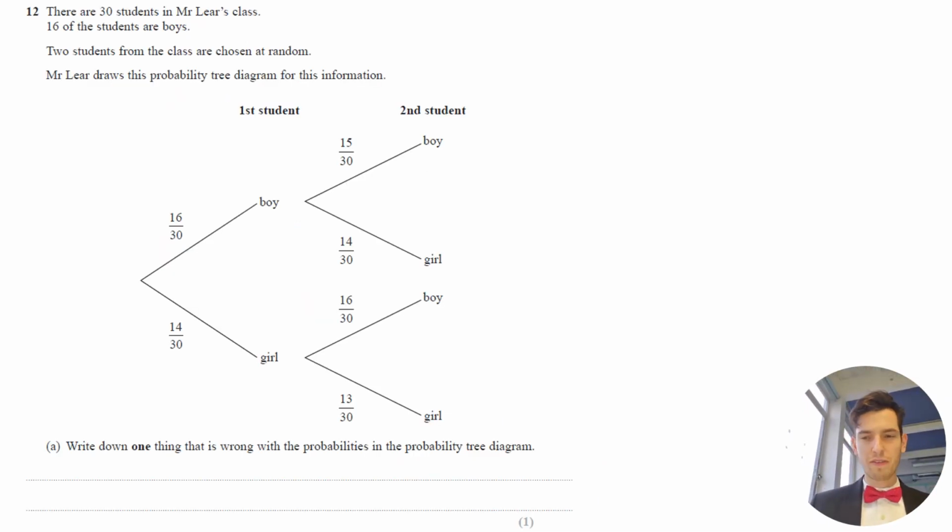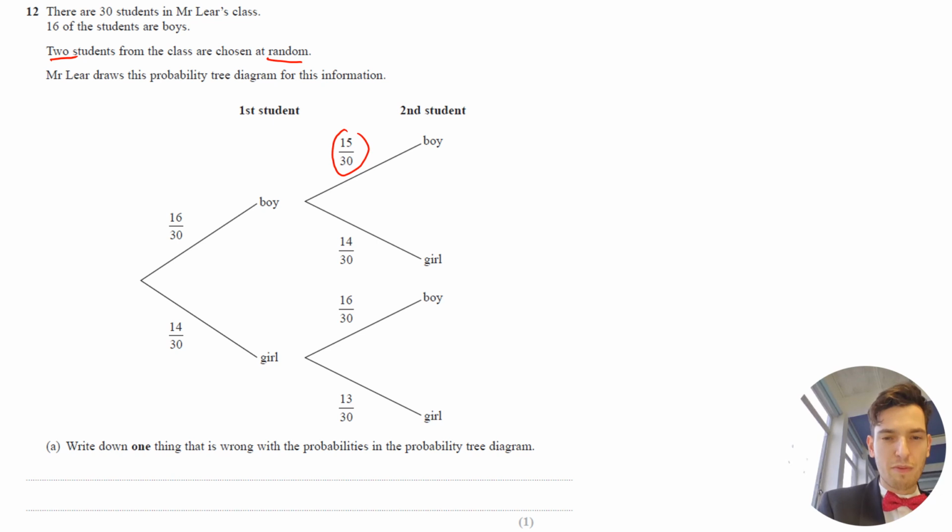Okay, so question 12 is a tree diagram, and we are asked to write down one thing that is wrong with the probabilities in the diagram. So let's go back to the question. It says there are 30 students in the class, 16 are boys, so 14 girls. And then it says 2 students are chosen at random. So I think I can see a couple things wrong.